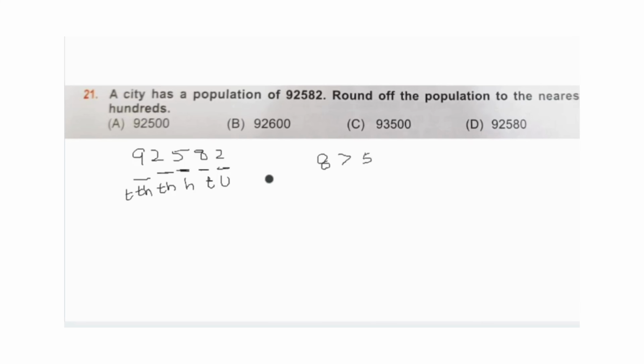We can round up, so 582 can become 600, which is rounding off to the nearest 100. The answer for this question is option B.